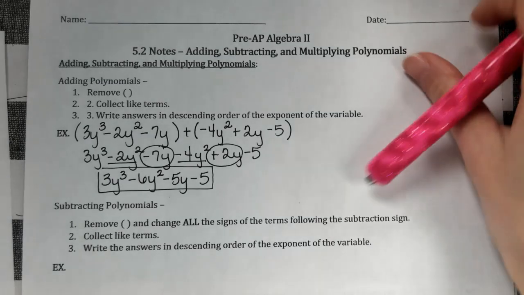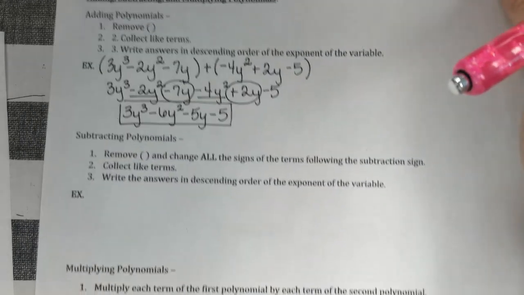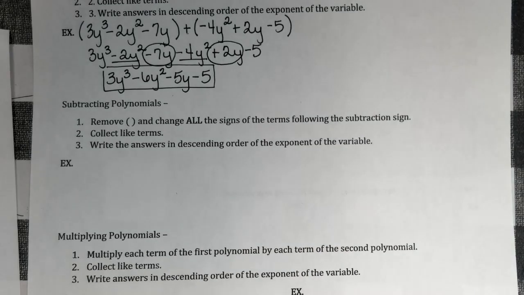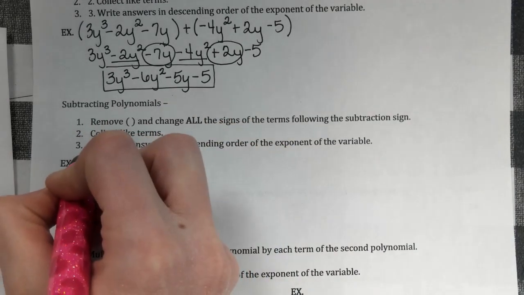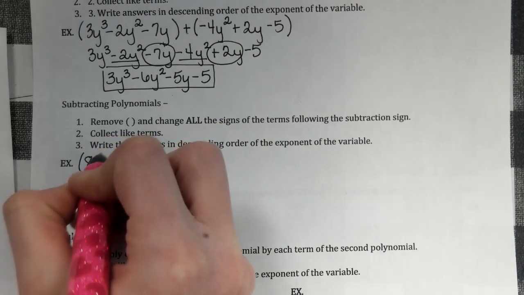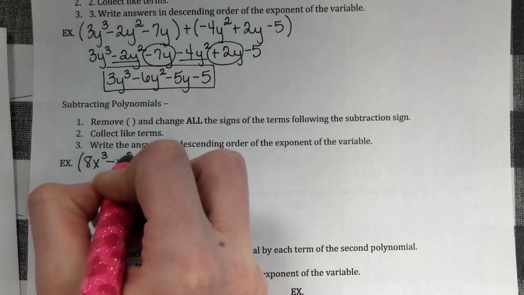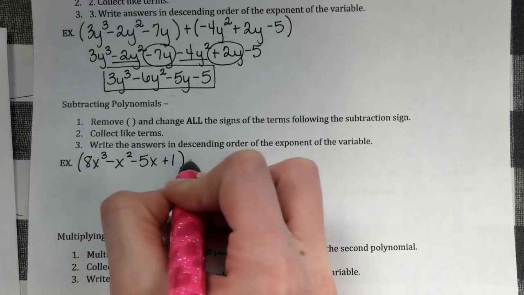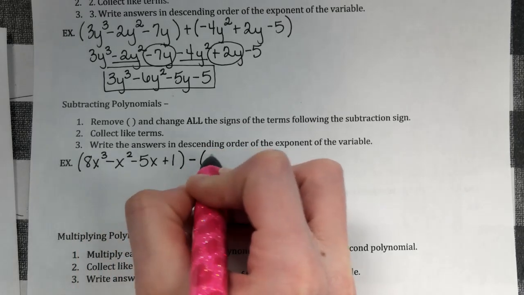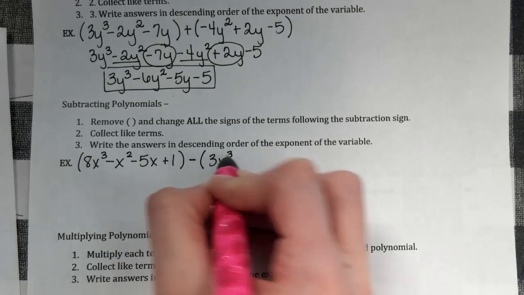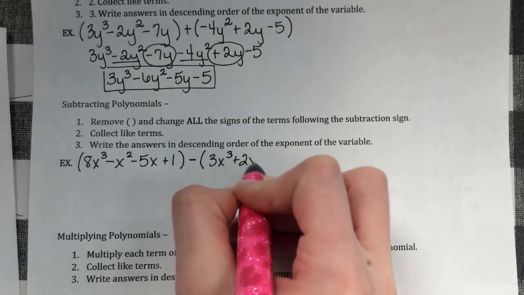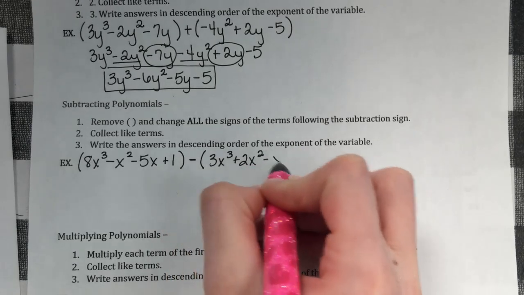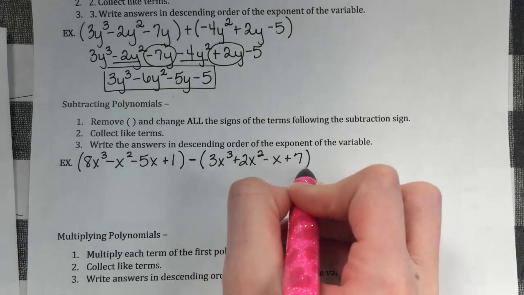So when you are subtracting polynomials, if I have the example in parentheses 8x cubed minus x squared minus 5x plus 1 minus, in parentheses, 3x cubed plus 2x squared minus x plus 7.